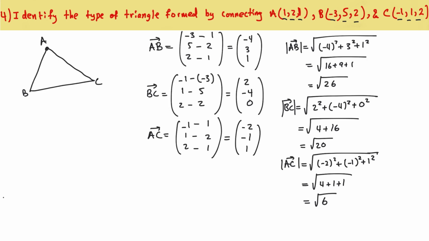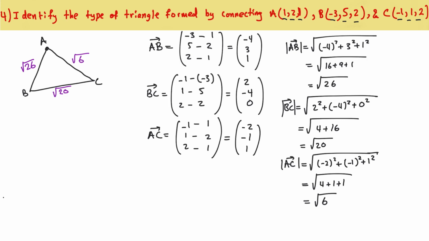For AB, the magnitude is root 26. For BC, the magnitude is root 20, and for the last one, it is root 6. I haven't simplified any of my values in terms of roots yet, but I will do that a little later. Okay, I know that all the magnitudes are definitely different, so this is a scalene triangle.